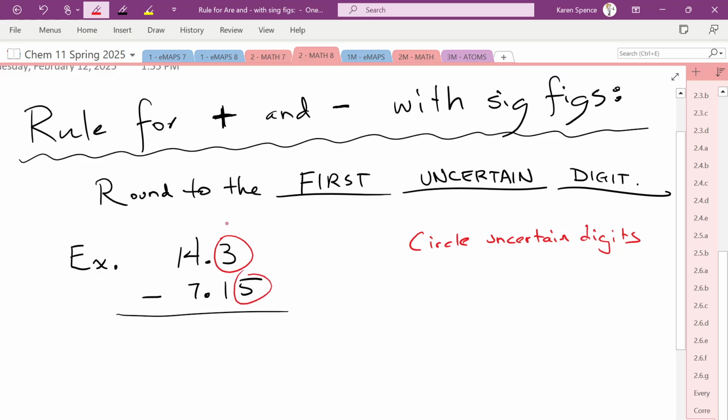We have uncertainty in the 0.1 position. We have uncertainty in the 0.01 position. So when we do our calculation, I am going to use a calculator for that. 14.3 minus 7.15 equals 7.15, isn't it?